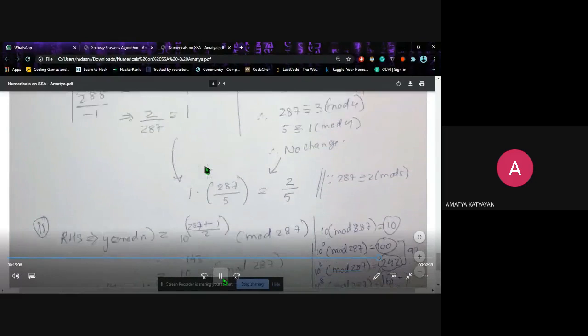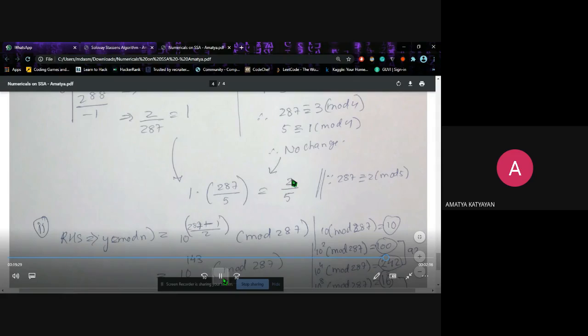And you see, we had got the value 1 over here and 287 by 5 over here. So 1 into 287 by 5 can also be written as 2 upon 5. Why 2 upon 5? Because 285 would be a multiple of 5. If you subtract 287 minus 285, you get the remainder as 2.